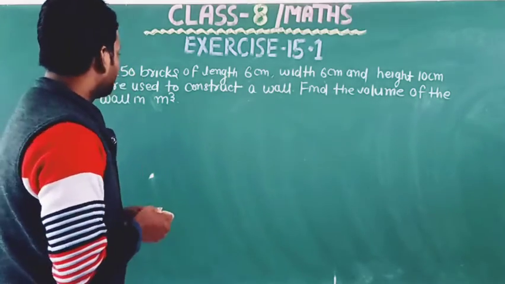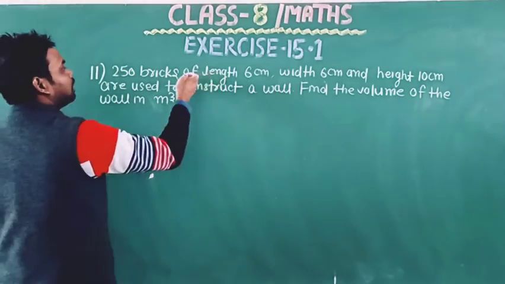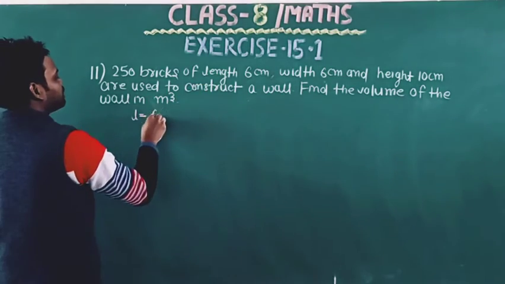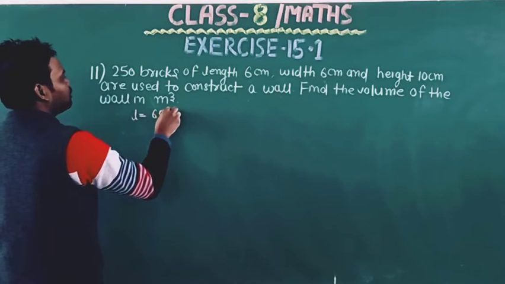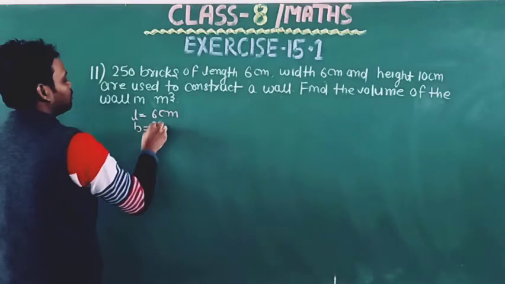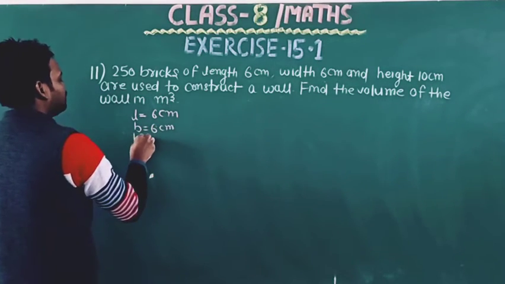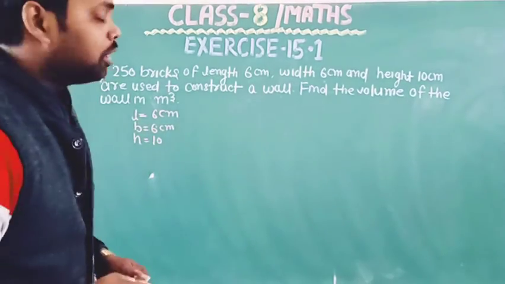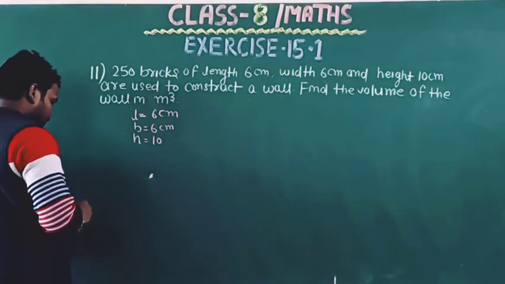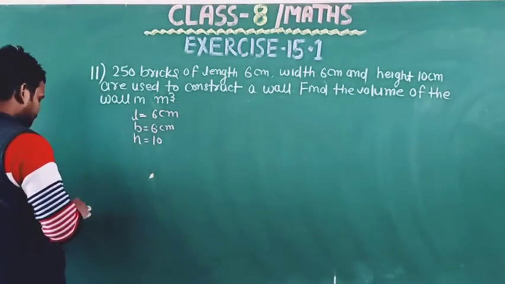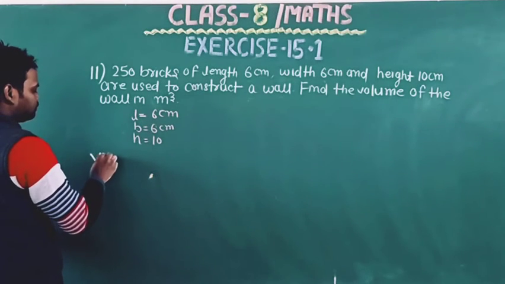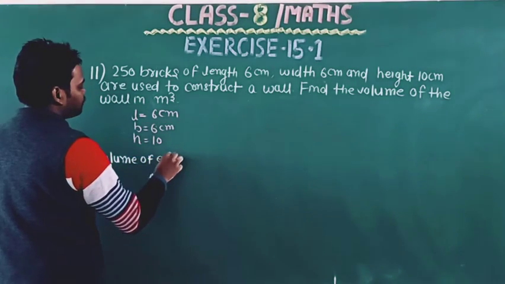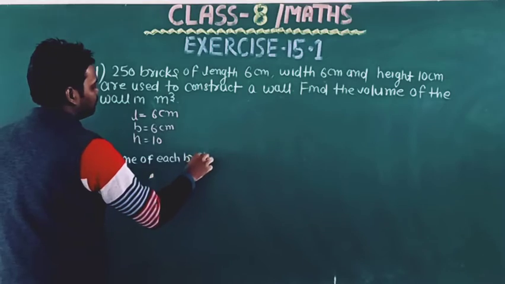A wall is constructed by using 250 bricks and the dimension of each brick is given: length equal to 6 cm, breadth equal to 6 cm and height equal to 10 cm. First we have to find the volume of each brick.